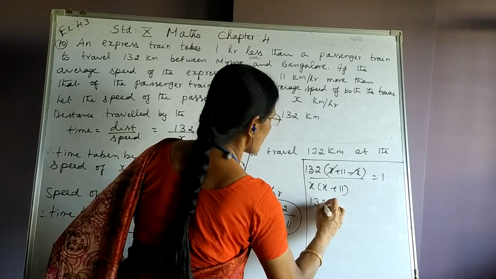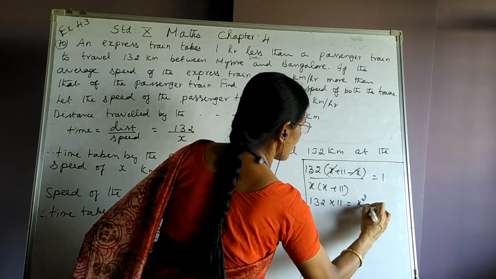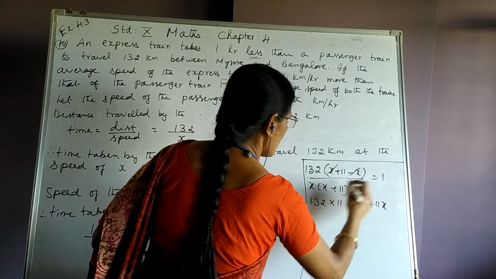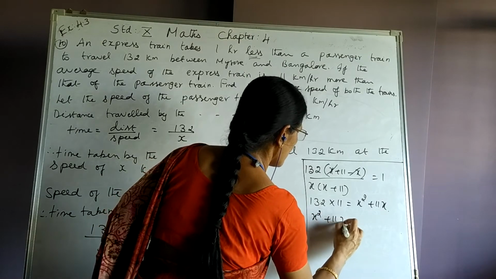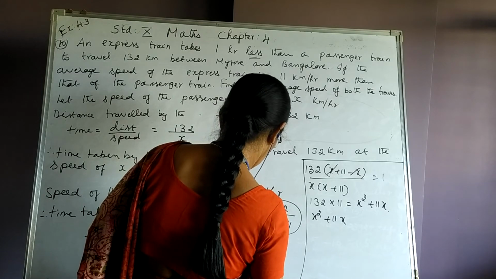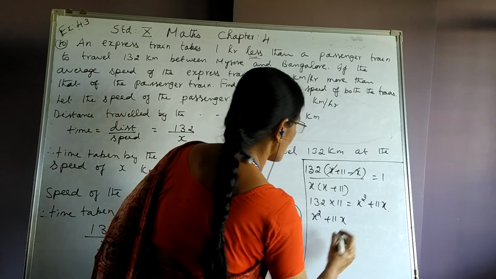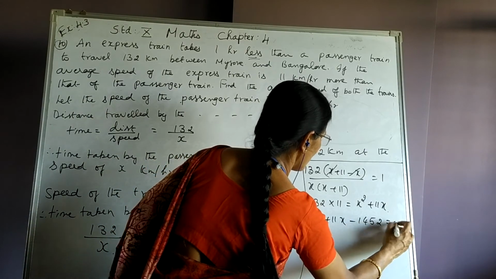It is 132 into 11 is equal to x square plus what? Plus 11x. So taking this to the other side, we'll get x square plus 11x, multiply 132 with 11. It is 1452. So minus 1452 equal to what?